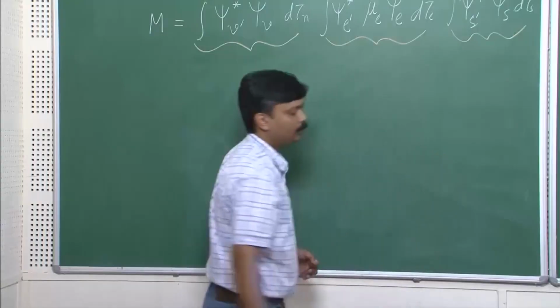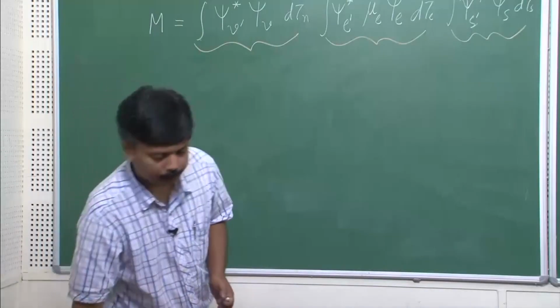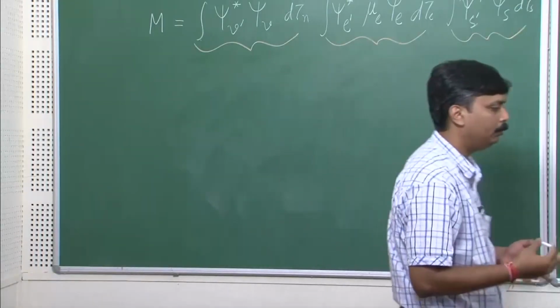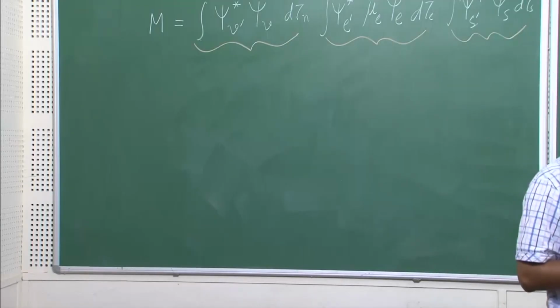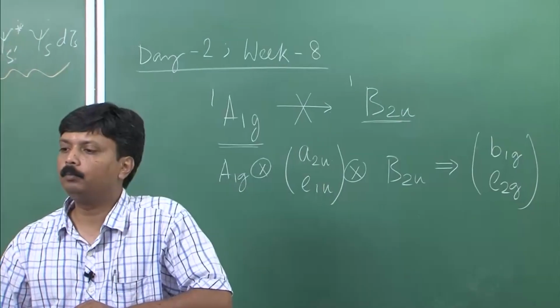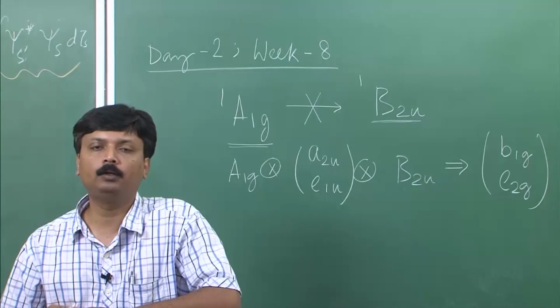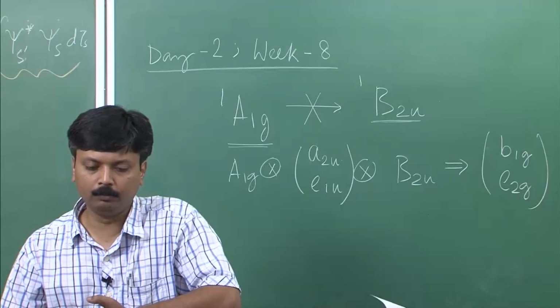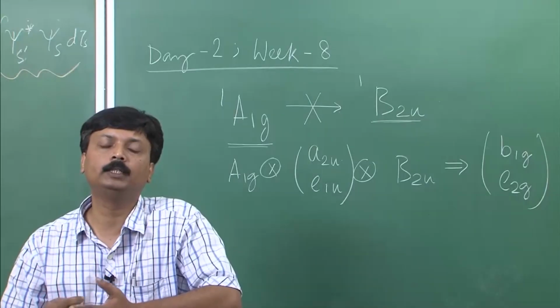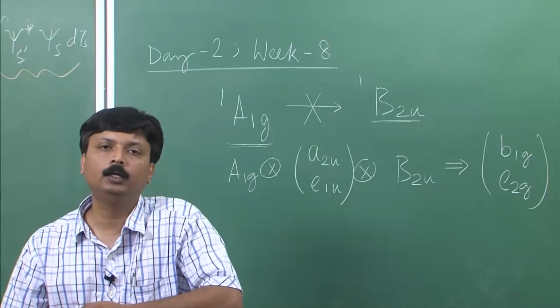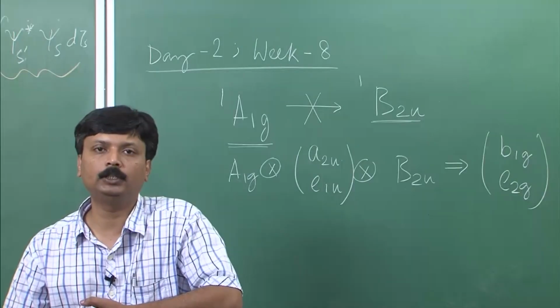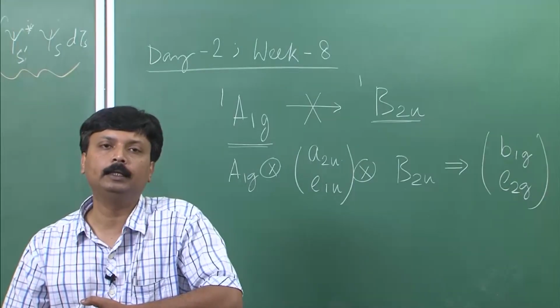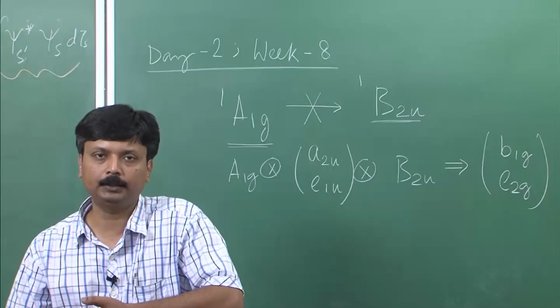So at this point I'd like to mention one particular thing: many of you, in your inorganic books or courses, have heard about the forbiddenness of certain transitions, particularly in the case of metal complexes, right?